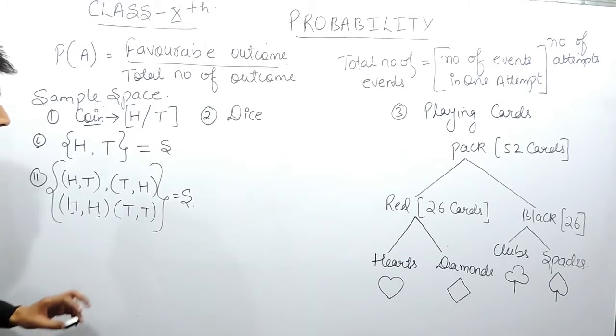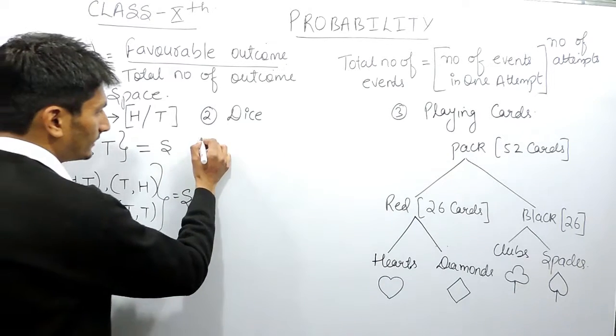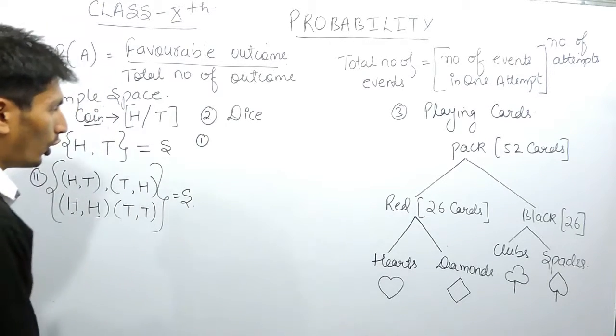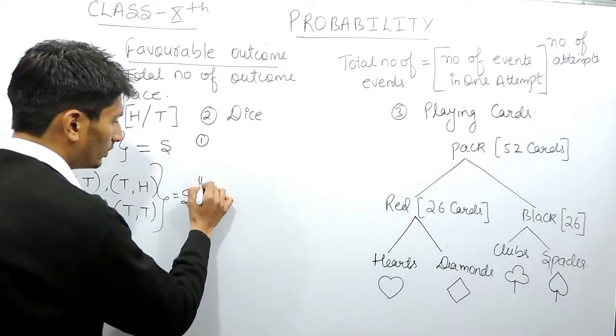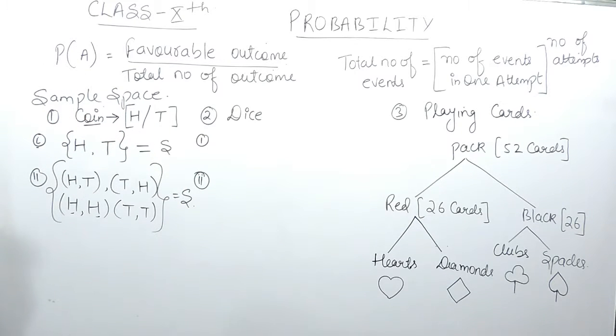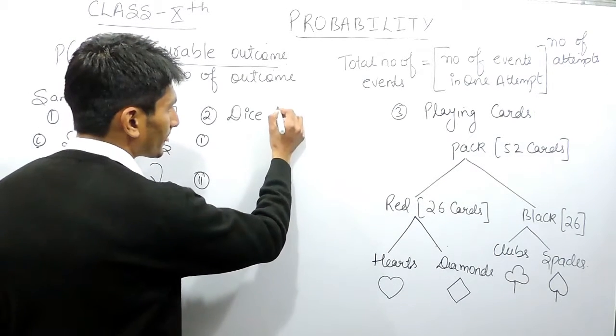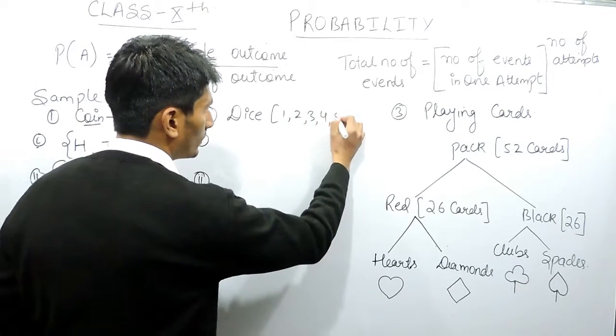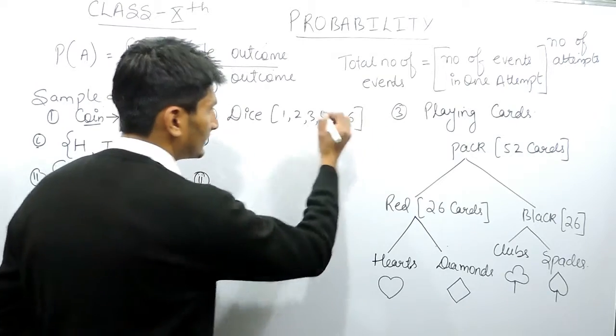Now, talking about the dice, you can roll one dice at a time, or you can roll two dice simultaneously. When you are rolling one dice, what are the possible outcomes? Obviously on a dice, 1, 2, 3, 4, 5 and 6 is written.